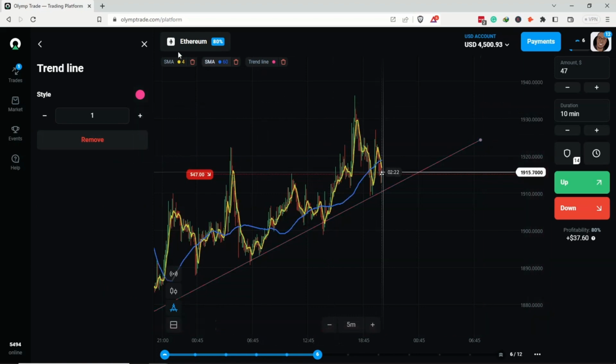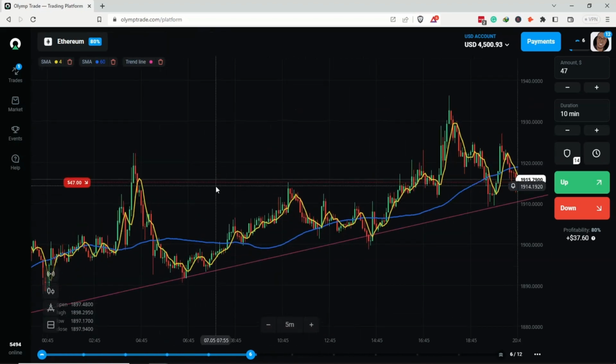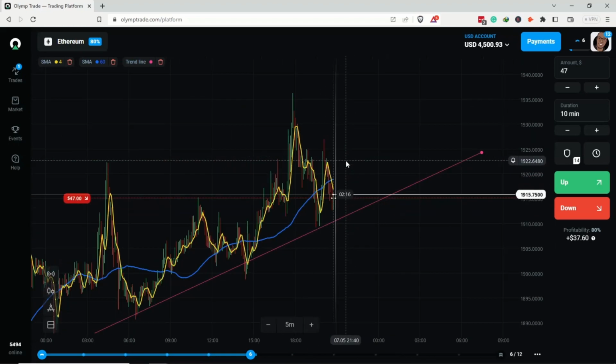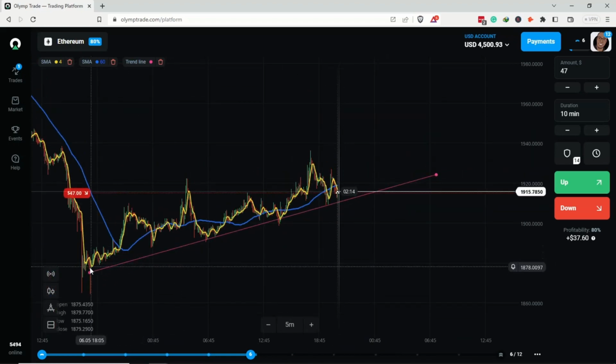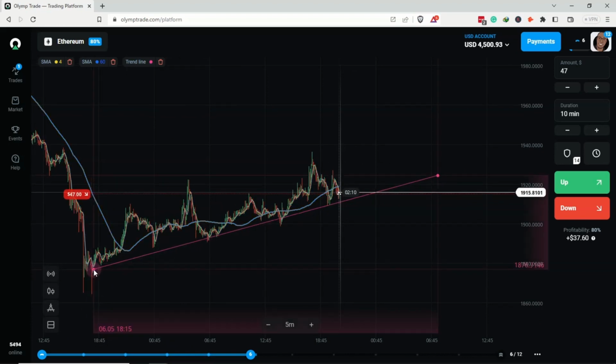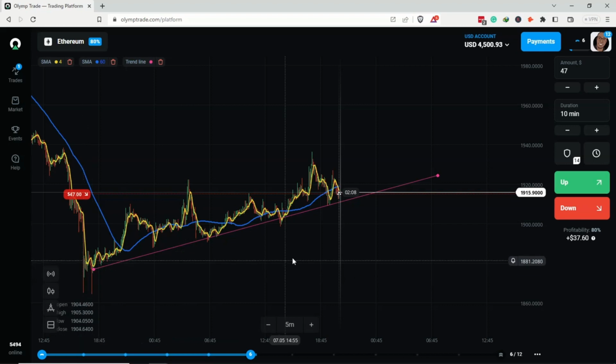So that's a trend line, and this is a trend going up. It appears that every time the price approaches this trend, it bounces back up, just like that. So this can be your support. The resistance is the opposite of that.